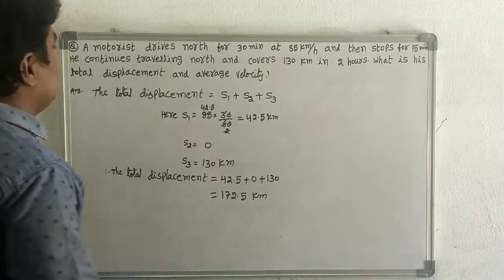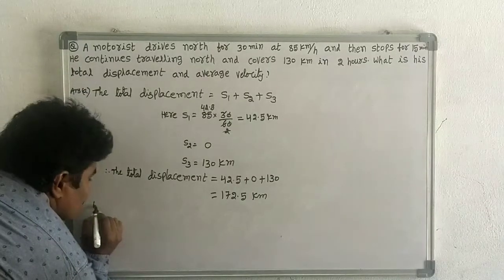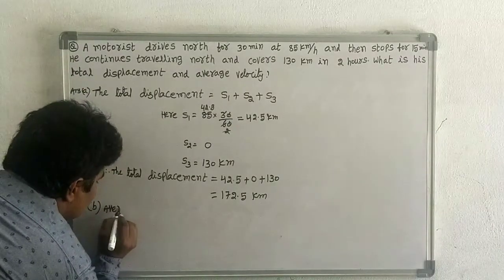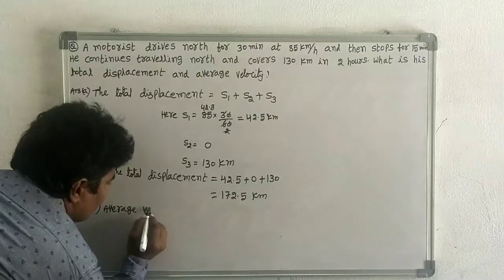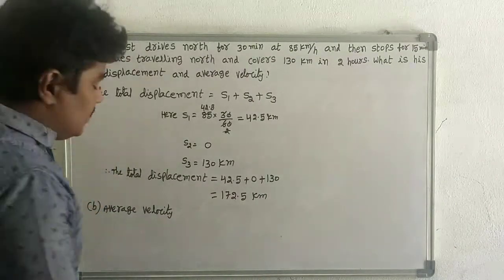Now we find the average velocity. What is the formula of average velocity?